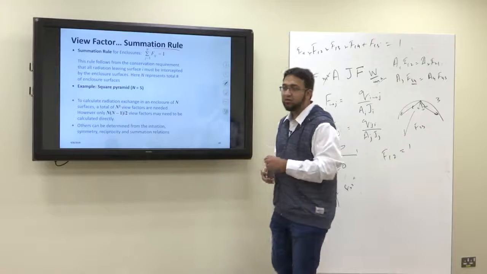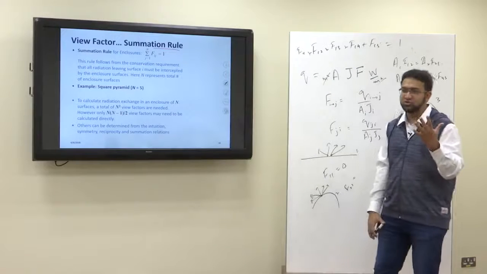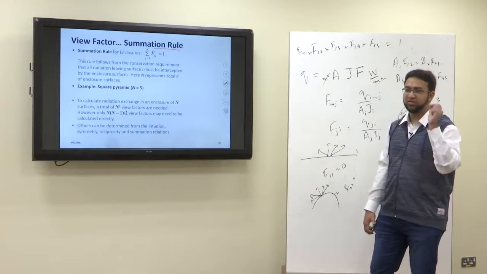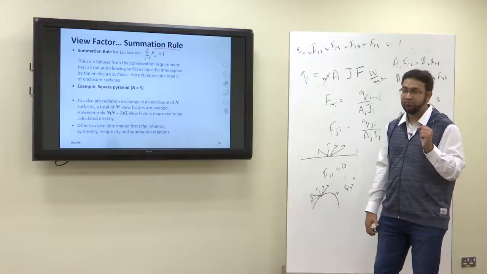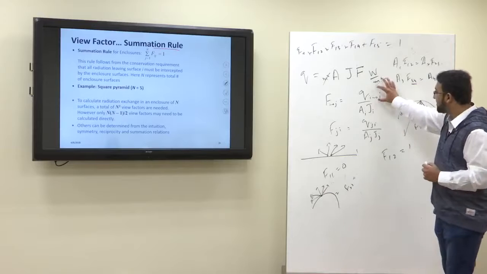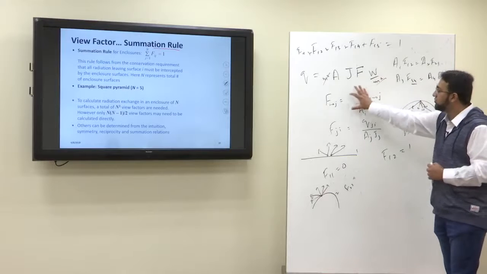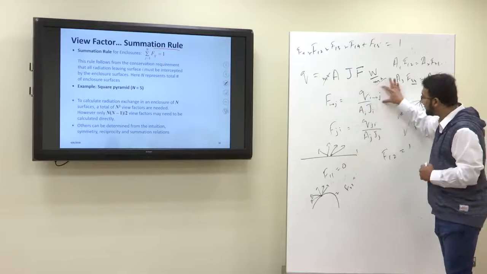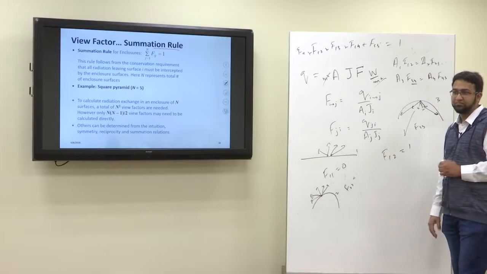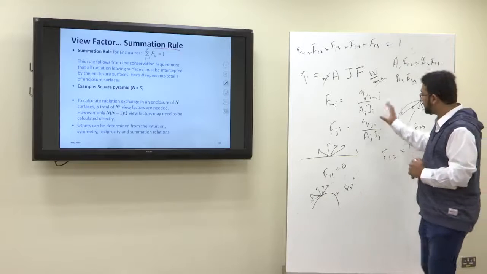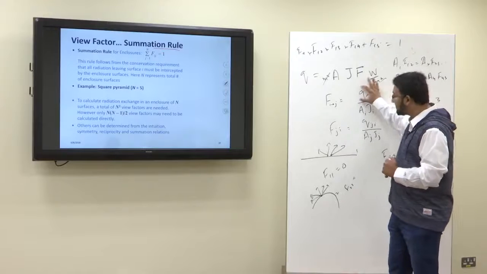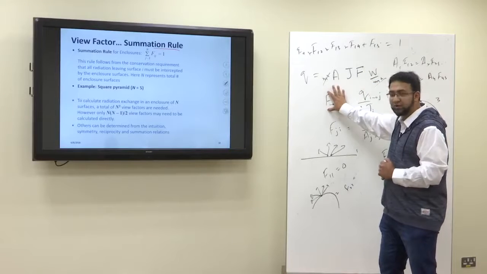Now these are the rules which you are going to be using to determine the view factors. And remember, if I want to know the heat transfer, I must know the view factor. If I don't know the view factor, I cannot determine the radiation heat transfer. Is it clear? This is the relation for heat transfer, but I cannot determine the heat transfer if I do not know the view factor.